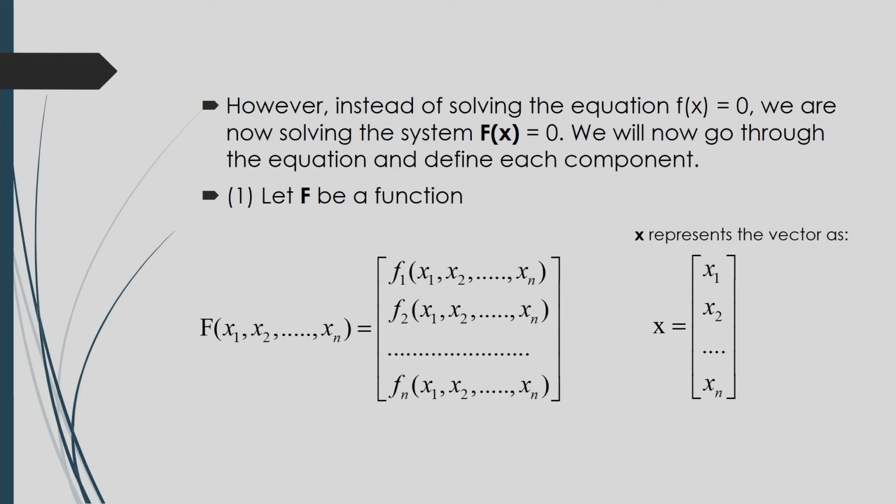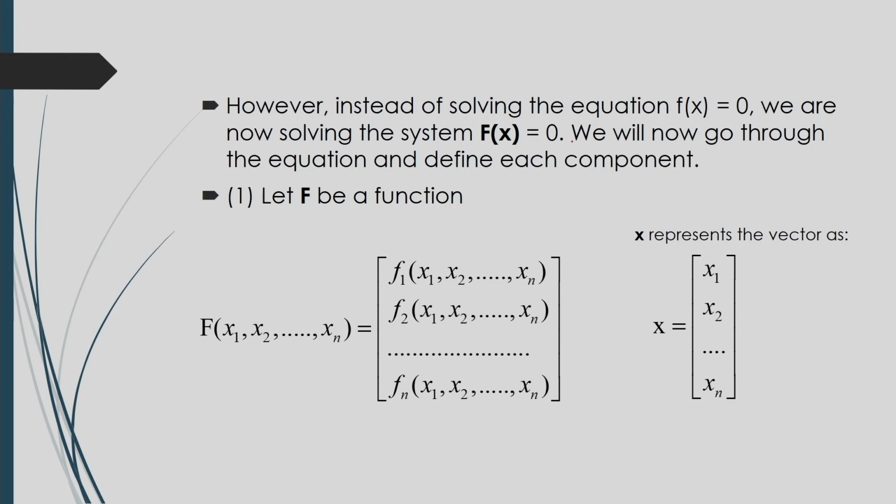Now, instead of solving the equation f(x) = 0, whatever we have described earlier, we are now solving the system f(x) = 0. In this case, there will be a set of nonlinear equations instead of a single nonlinear equation. So, we will now go through the equation and define each component.